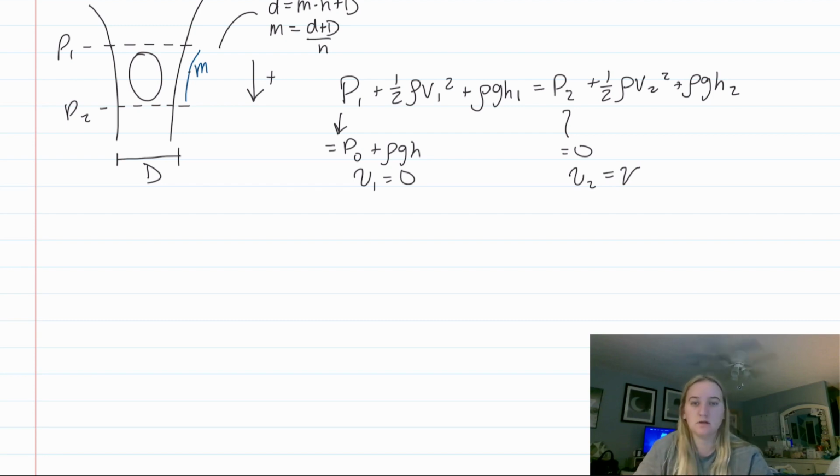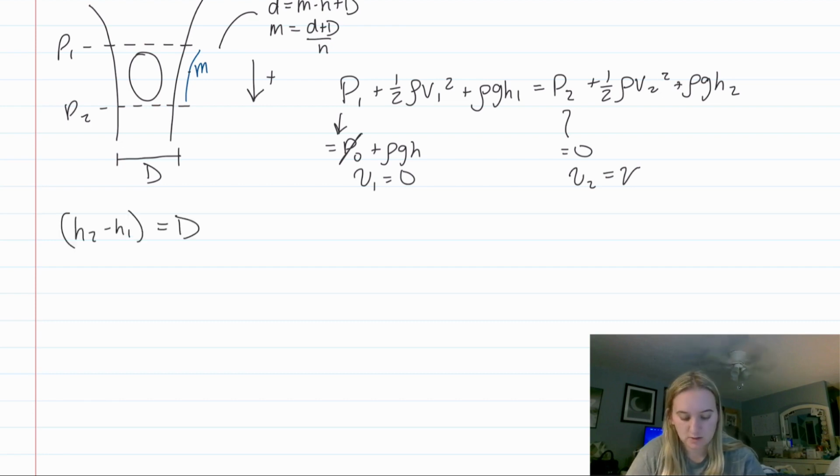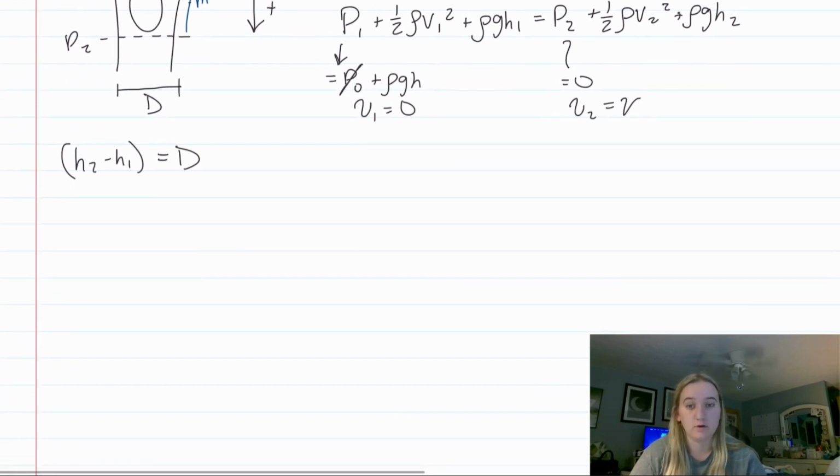So we can neglect the difference in pressure, which is P0, because between the 2 points, it cancels out, so we don't need that. And then the height difference, which is h2 minus h1, is simply the diameter of the ball.